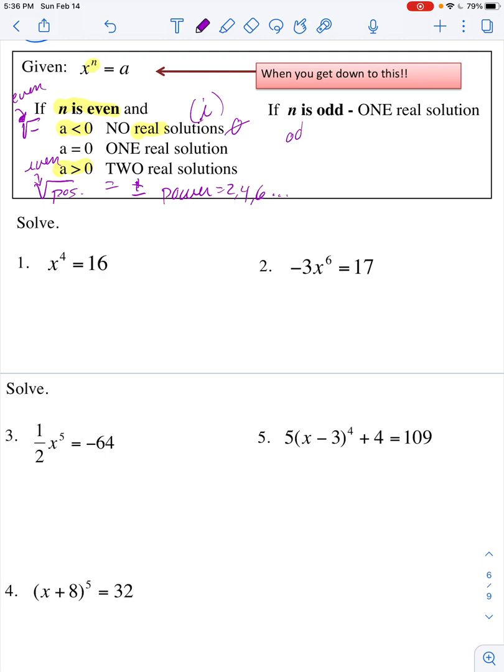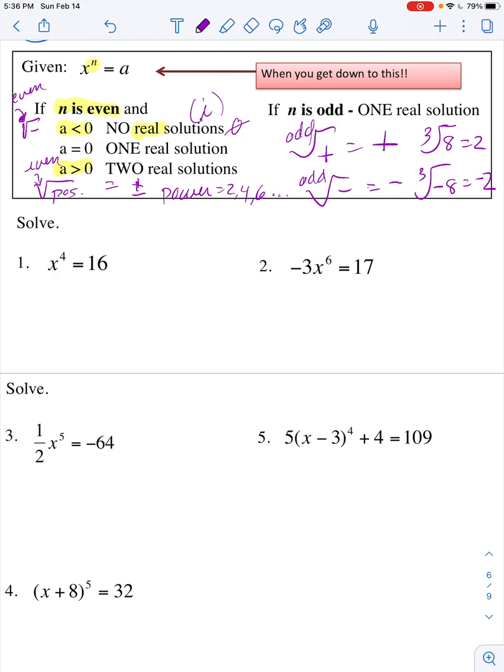And if it's an odd index of a positive, you're going to get a positive. So for example, the cube root of 8 is just 2, no other options. But if it's the odd index of a negative, you're going to get a negative. For example, the cube root of negative 8 would give you negative 2. But there's never more than one possibility.